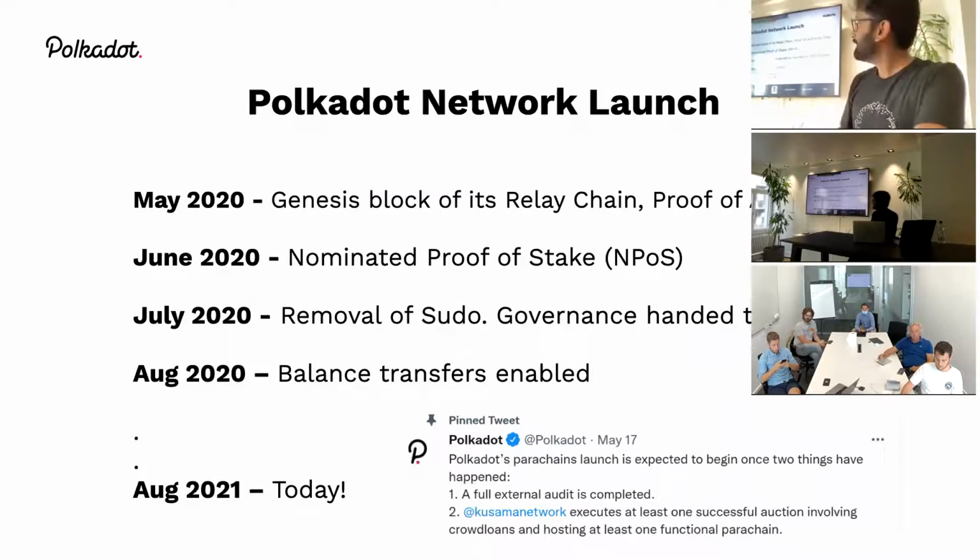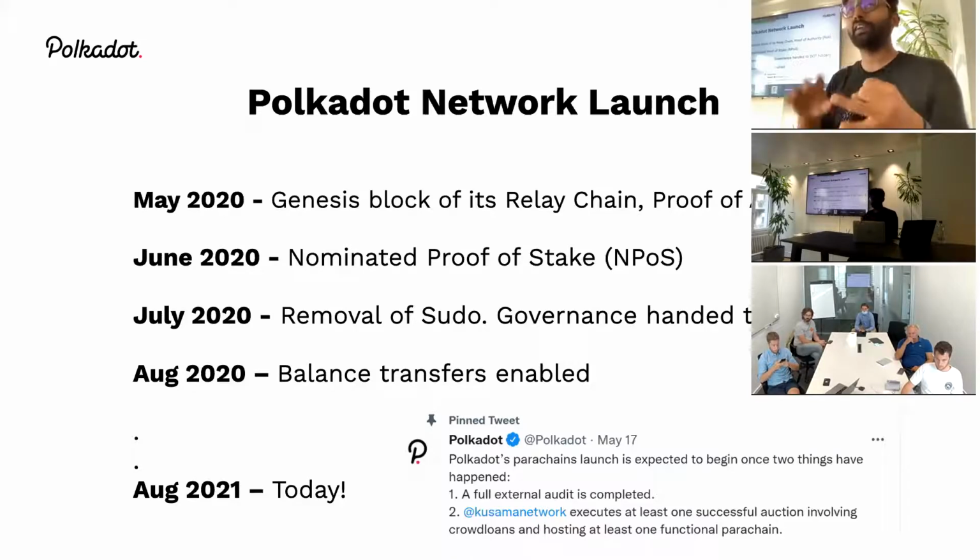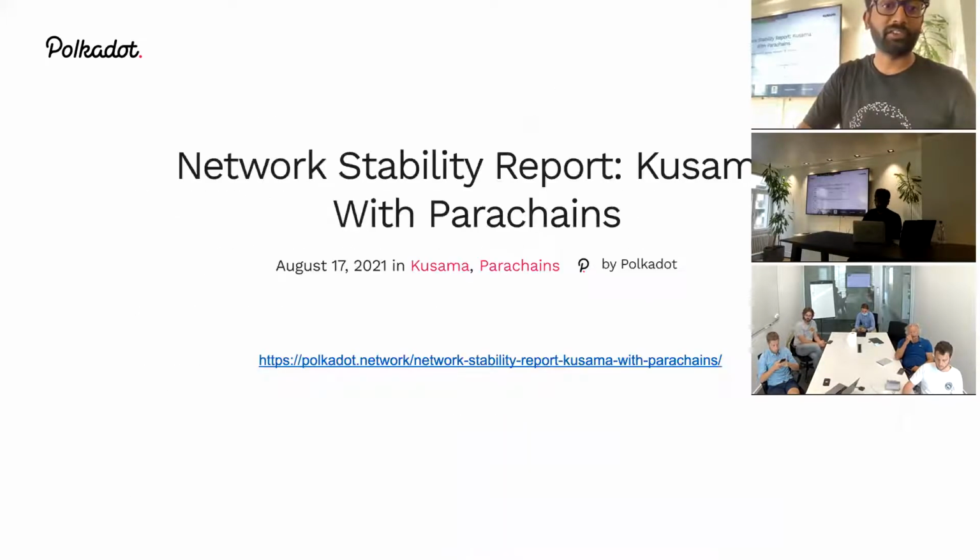I just want to say that in all this timeline, we are in August. Once the code is audited on Polkadot and things work well on Kusama for parachains, Polkadot will also open up for parachain auctions.